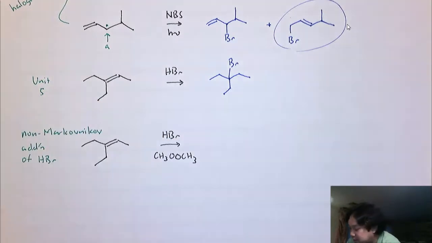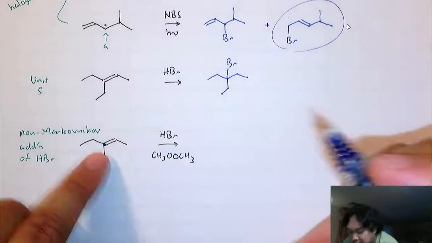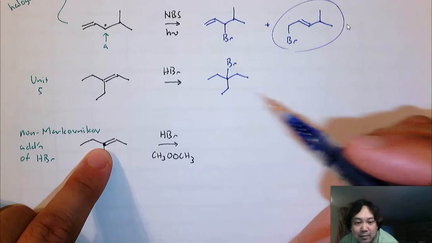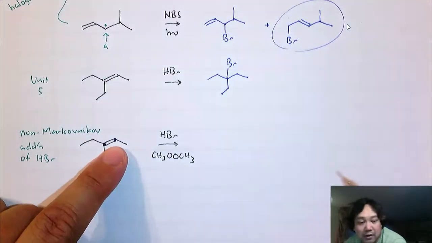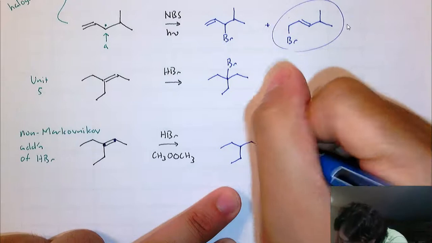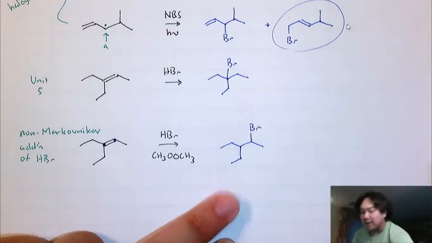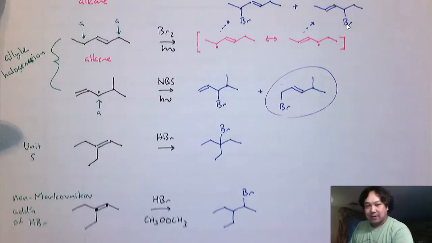So instead of putting the bromine here, the carbon on the left of the double bond, we're going to put the bromine here on the right carbon of the double bond. Okay, good. Those are fill in the products.